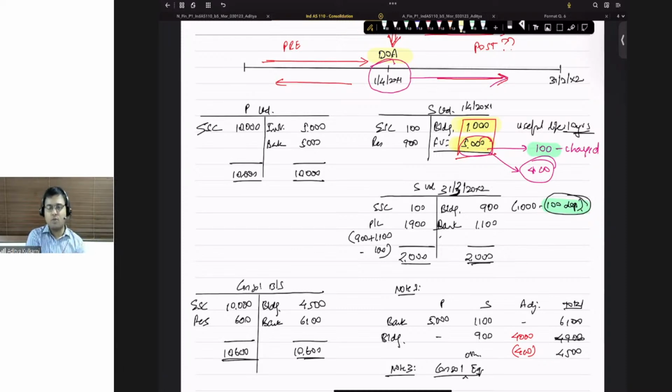Now that goodwill which you have calculated, I told you, the whole crux of 103 lies in the fact that you will have to ensure that that goodwill remains sacrosanct. So we cannot touch that goodwill in the future. So the reporting will be based on that fair value.